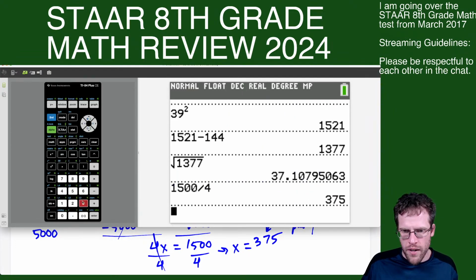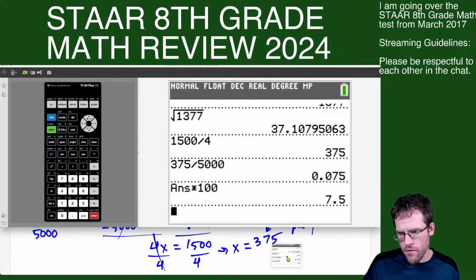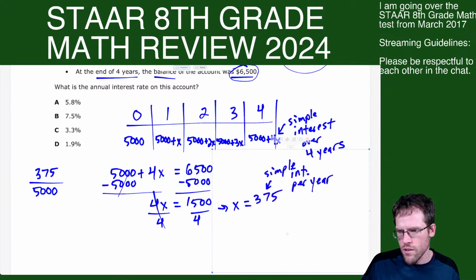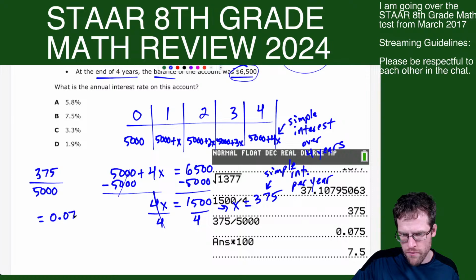So 375 divided by 5,000 is 0.075. As a decimal, though, so when we want to turn this into a percent, just multiply by 100. And this will give us everything that we need. Okay, so here, now let's see the results. This gives us a decimal value of 0.075.